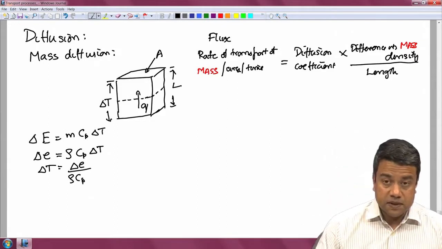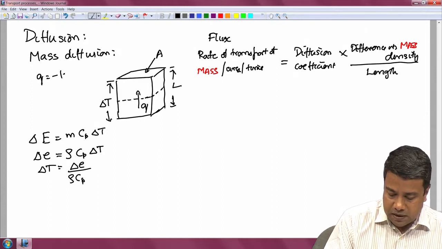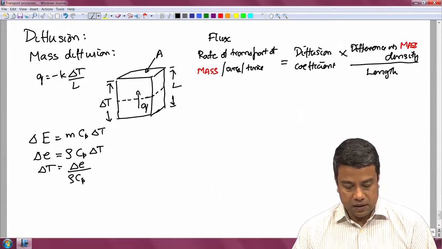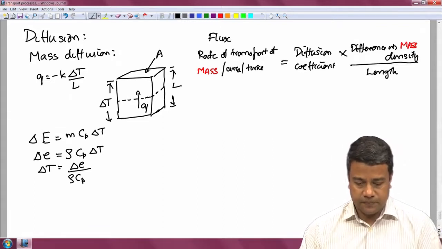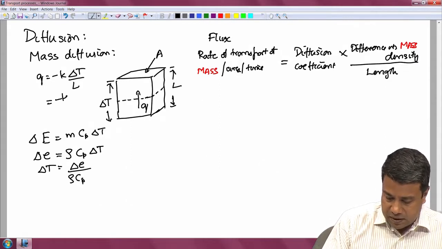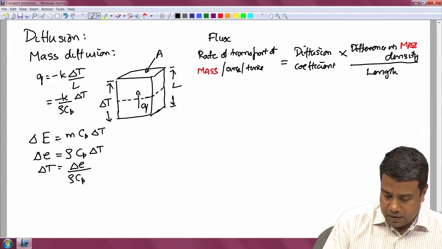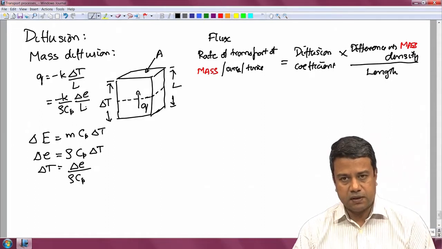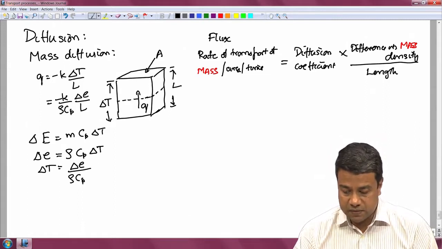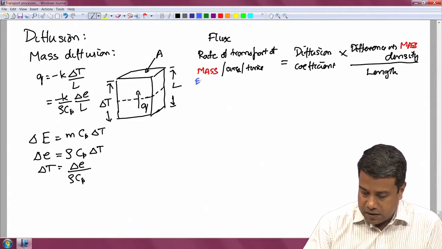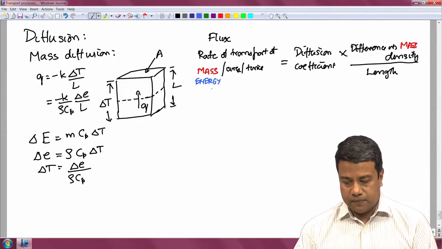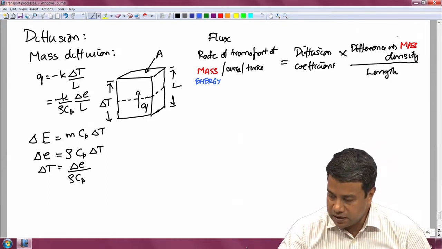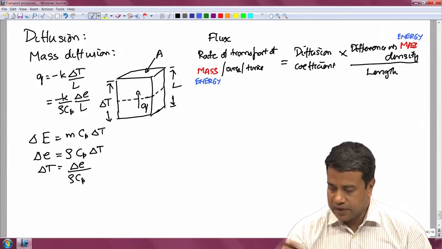The expression for the heat flux Q is equal to minus K delta T by L. If I were to write the temperature in terms of the energy density, I will get minus K by rho Cp times delta E by L. So, what this expression is telling me is that the rate of transport of energy per unit time, when I have expressed the temperature difference in terms of the energy density, is equal to a diffusion coefficient times the difference in the energy density per unit length.